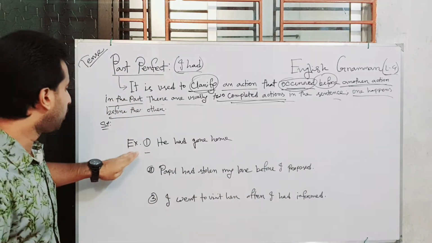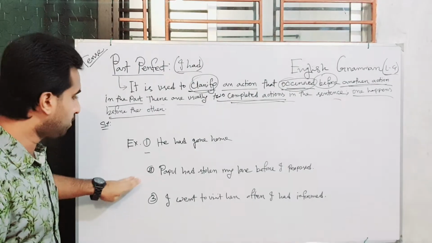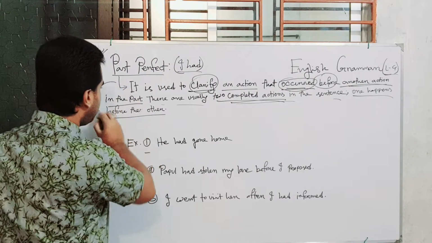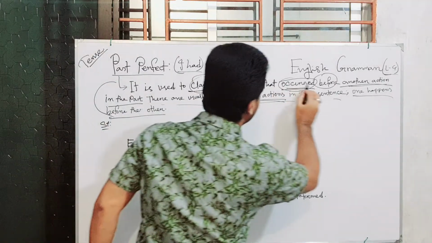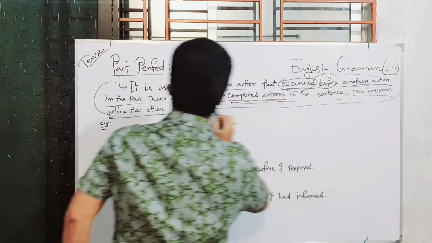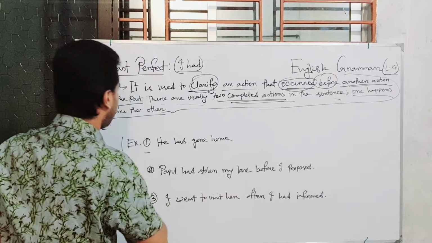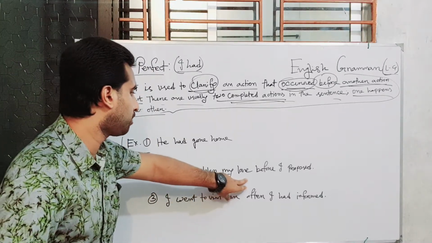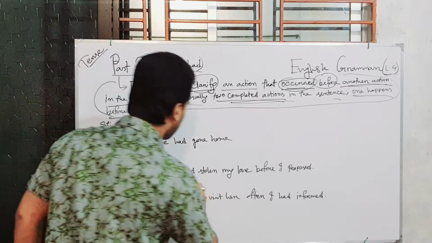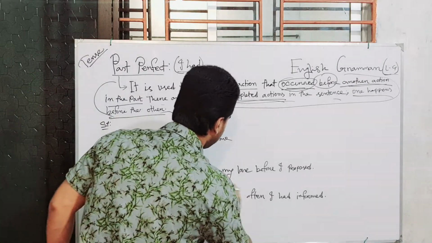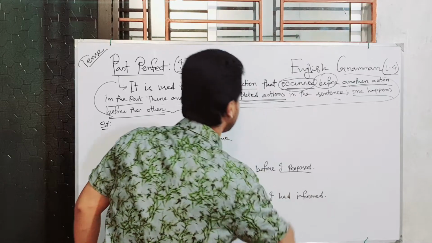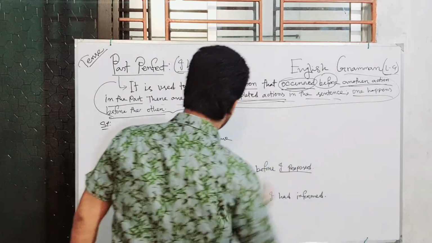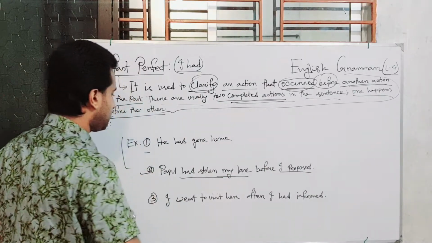If you look at these examples, you can find this definition is a completed one. Here, Papul had stolen my love. Here are two completed actions: had stolen my love, I proposed. Two completed actions in a sentence.